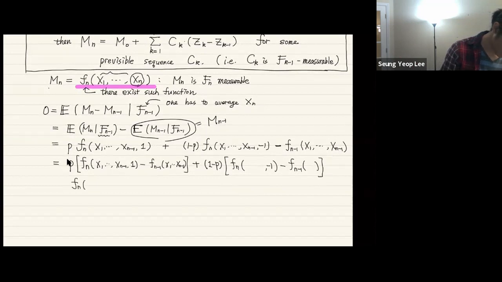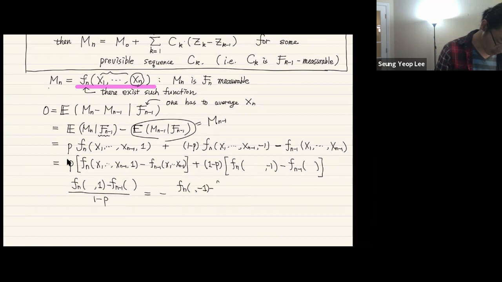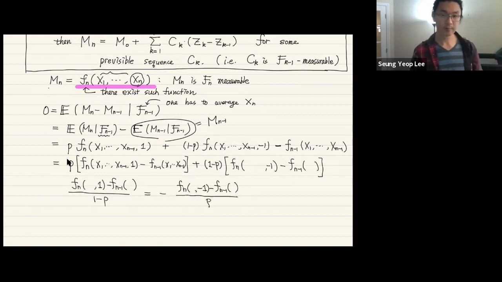Fn with 1 at the end, over 1 minus p, is equal to Fn with minus 1 at the end, with p. That's the same.